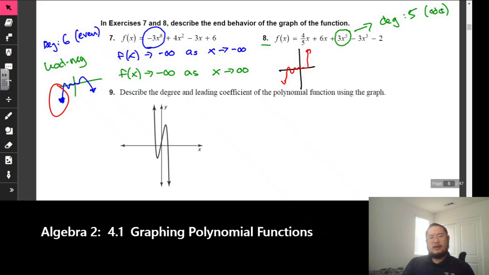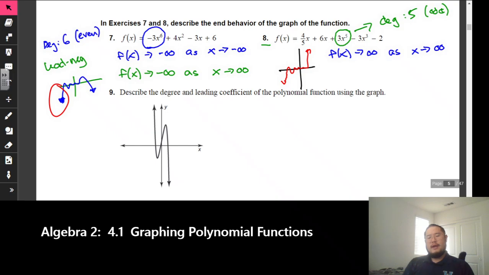So let's go ahead and start right here. Our function goes positive, right? It's going upwards on the right-hand side. So what I'll go ahead and say right here is this. As f of x leads to positive infinity, as x leads to positive infinity as well, right?